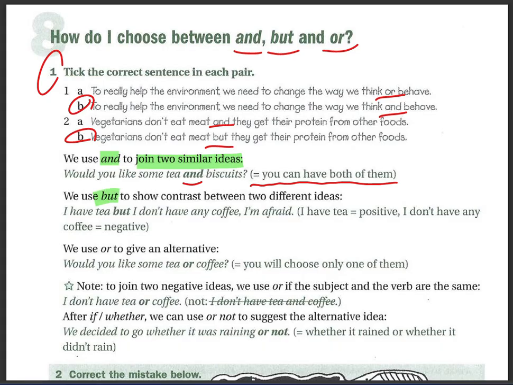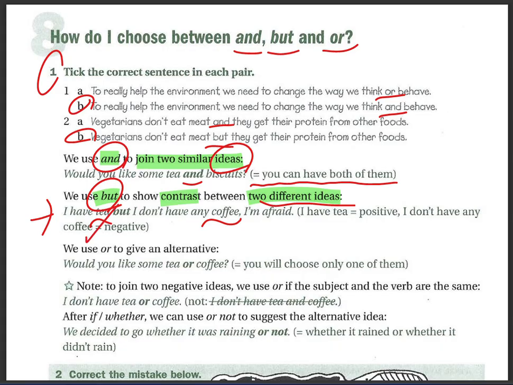We use but to show contrast between 2 different ideas. So in here, and was similar ideas, but is used for different ideas. Look at example. I have tea, but I don't have any coffee, I'm afraid. So look at here, coffee and tea.